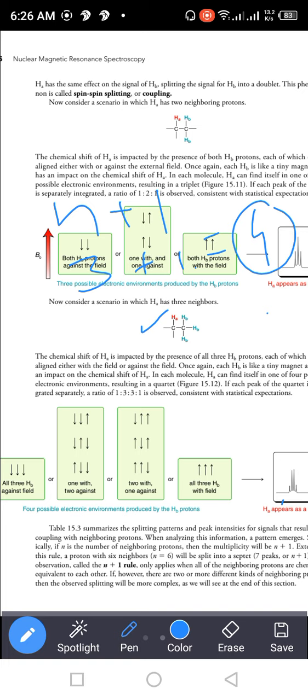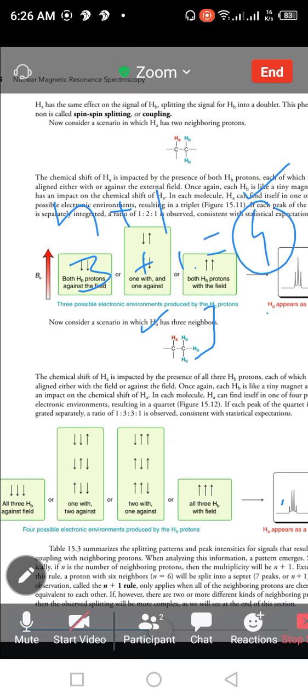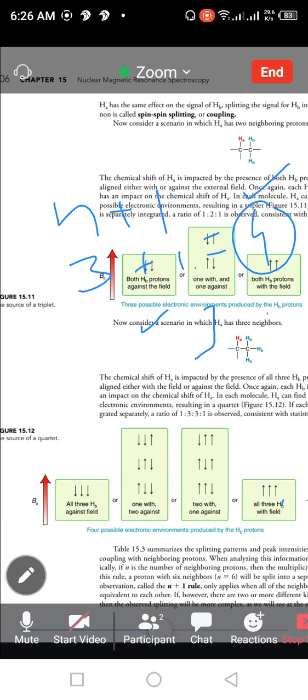Now there are 4 possibilities for these 3 neighboring Hb protons, which have a direction with or against the external magnetic field. Now look at the diagram showing the different possibilities.